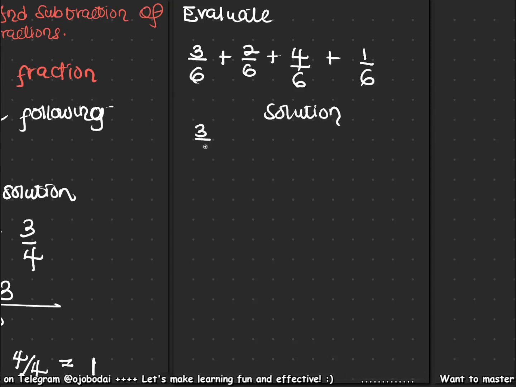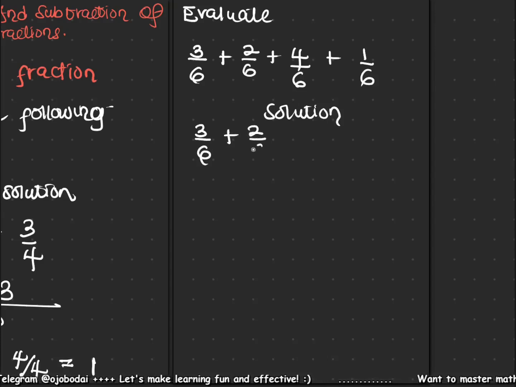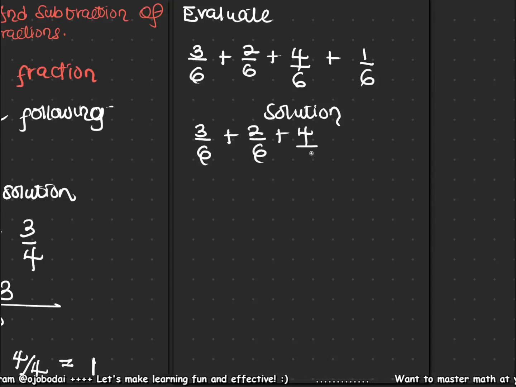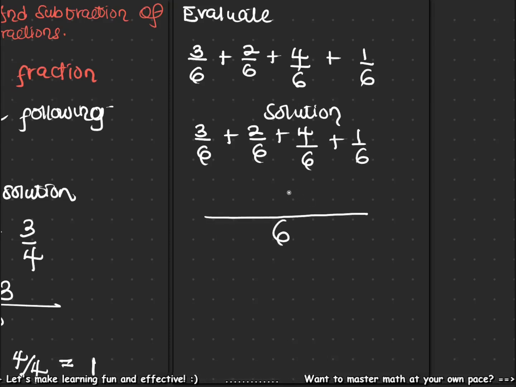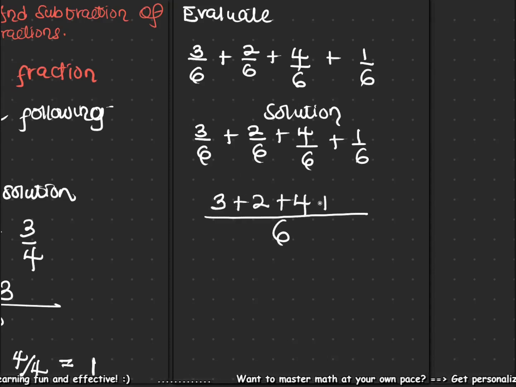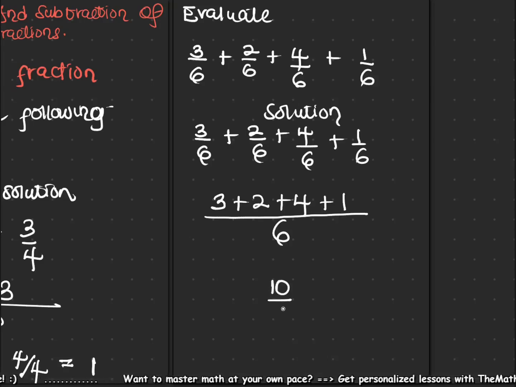If we add them together, because they already have the same denominator, all we want to do is add the numerators. And that is 3 plus 2 plus 4 plus 1. 3 plus 2 gives us 5. 5 plus 4 gives us 9. And then 9 plus 1 gives us what? 10. So we have 10 over 6.